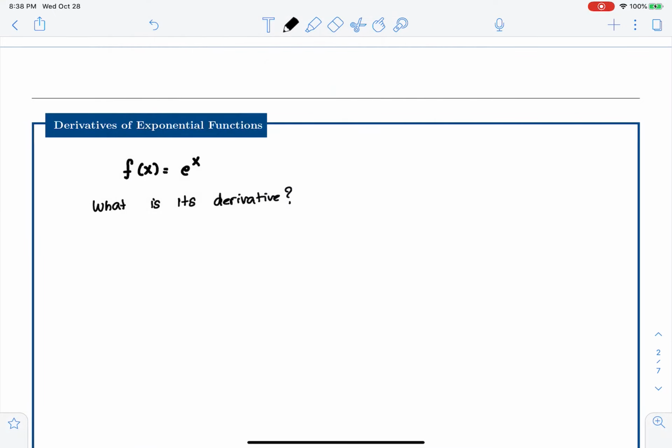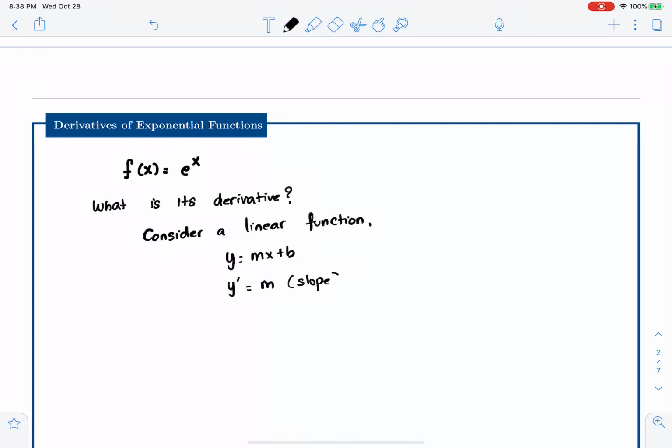Oh no, if we have a linear function, which is y equals mx plus b, the derivative of that, y prime, is just m, which is the slope, and that is constant.